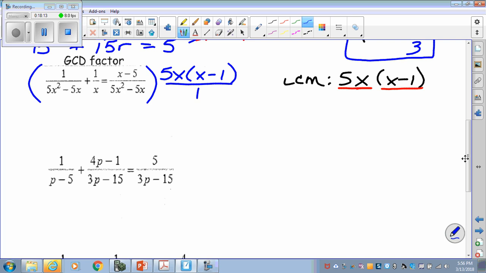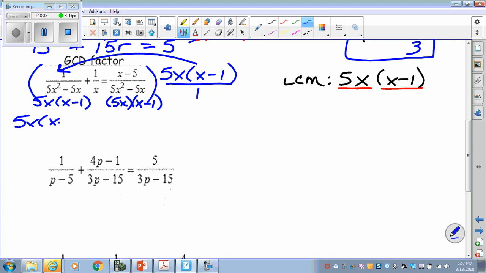Remember that's what this is. This is 5x times x minus 1. And this is also 5x times x minus 1. Okay. So, when I multiply this times that, right? Well, these are going to cancel out, right? I get 5x times x minus 1 over 5x times x minus 1, right?